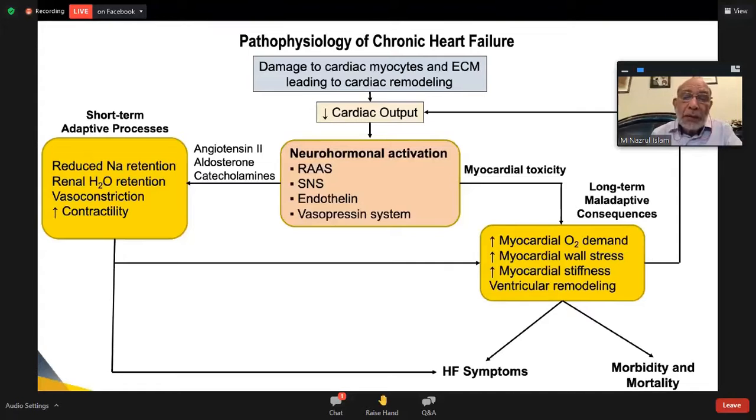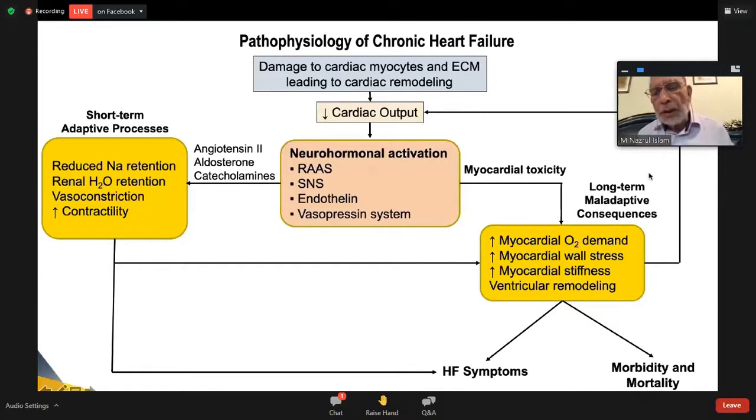This reduction of cardiac output stimulates neurohormonal activation, especially the renin system, sympathetic nervous system, endothelin and vasopressin system. Initially these systems give short-term adaptive responses: they increase sodium and renal water retention, cause vasoconstriction, and try to increase contractility.